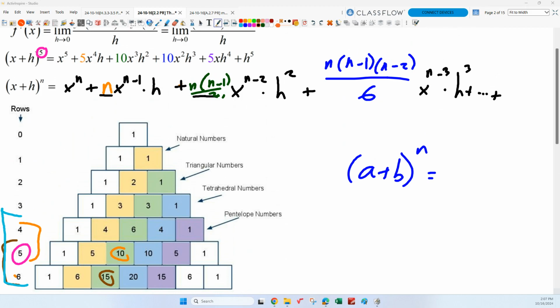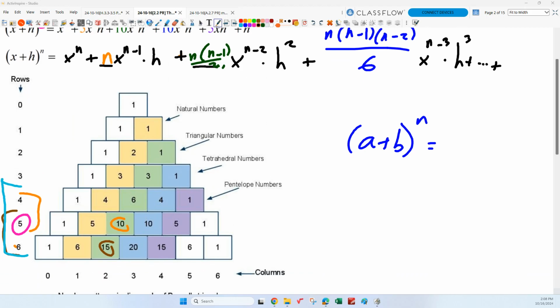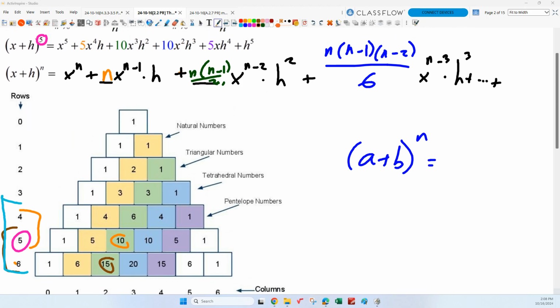Whether you start at the first term and walk to the right, or start at the last term and walk to the left, you're going to encounter the same coefficients. And when you get to the middle, that's where it reverses. Look at these numbers: 1, 2, 1, symmetrical about the middle. 1, 3, 3, 1, symmetrical about the middle, right? See what I'm saying?